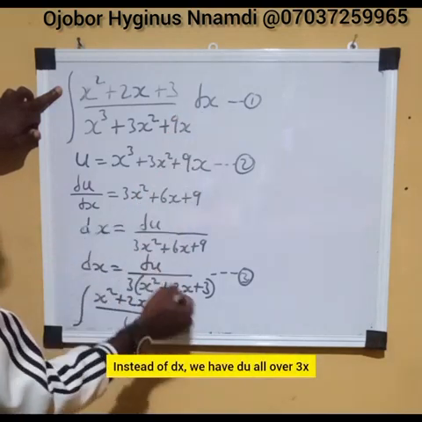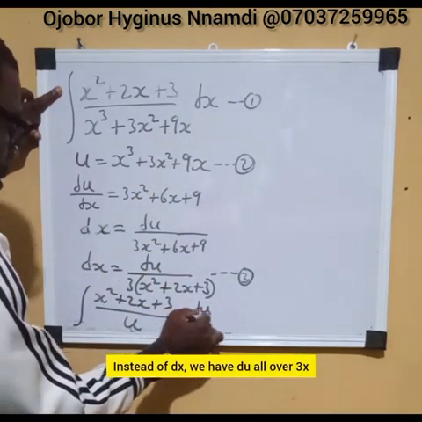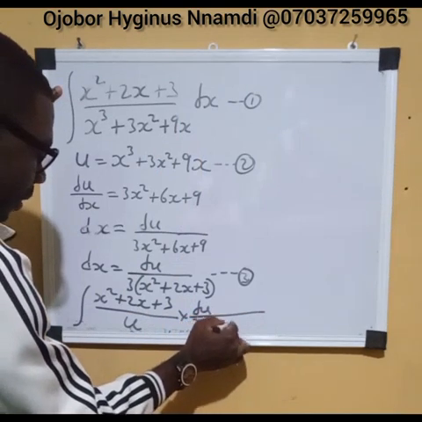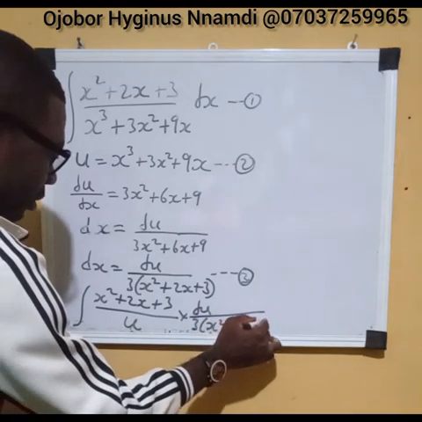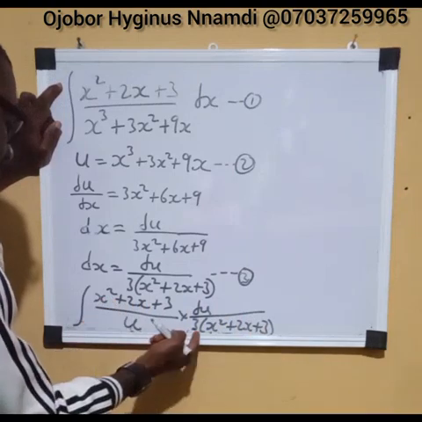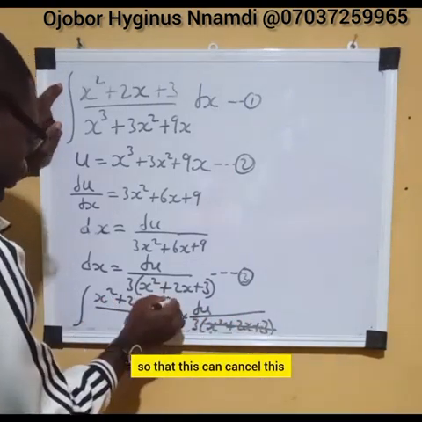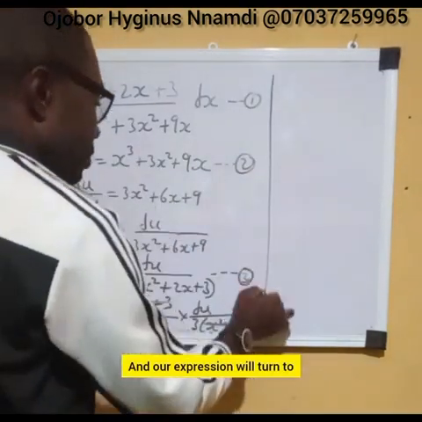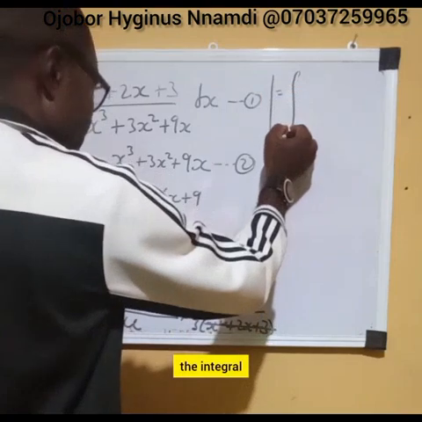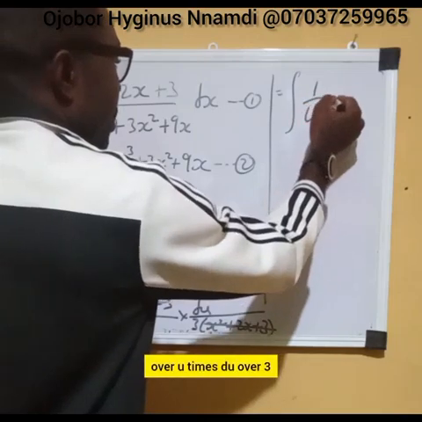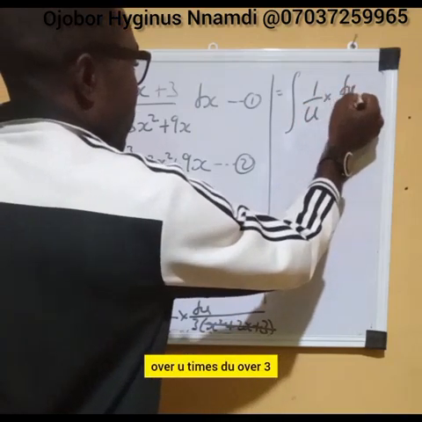Instead of dx we have du all over 3 into x squared plus 2x plus 3. You can see that the whole of this is the same as this, apart from the 3, so this cancels this, and our expression turns to the integral of 1 over u times du over 3.